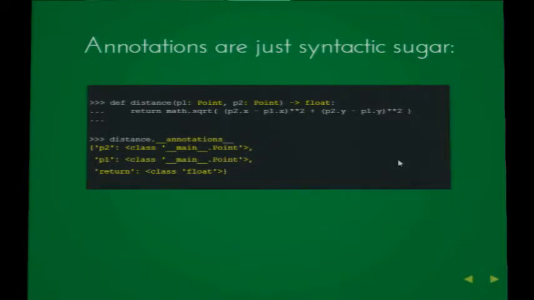So they're not actually needed, but they're just a neat and clean way of adding metadata to your function definitions. Basically, when you add an annotation to a function, what Python does behind the scenes is just add this double underscore annotations property to the function. And this property is just a dictionary with your arguments and the annotation objects that you put on them. And for the return value, you have just return as key.